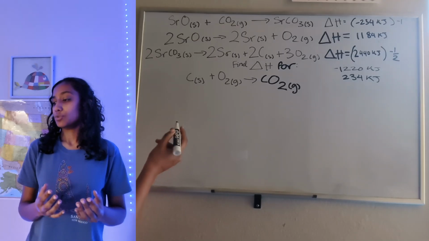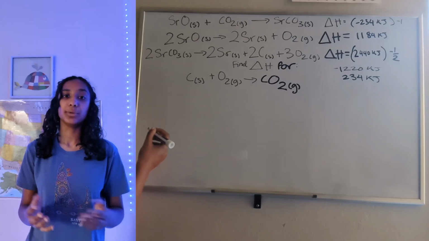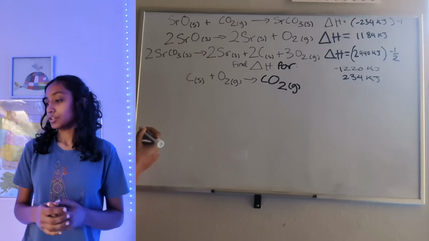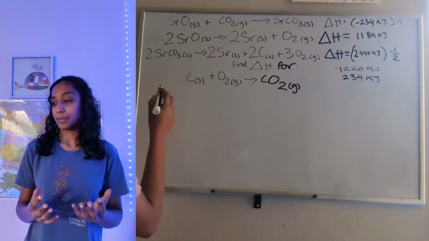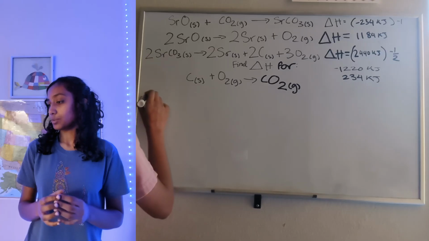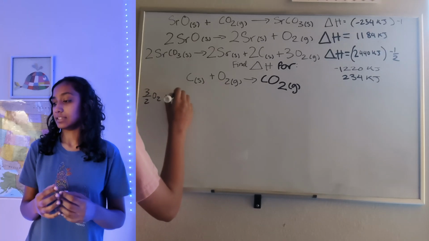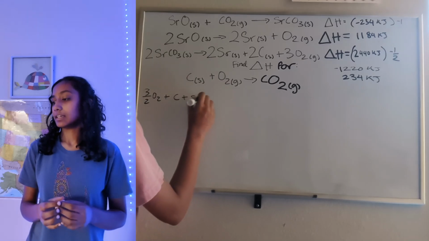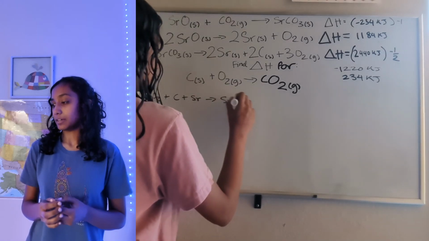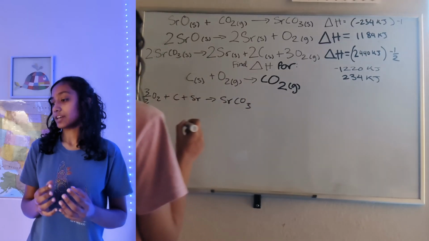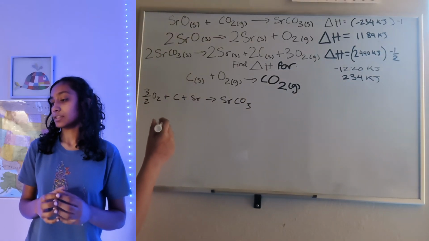Now, let's add the 2 modified equations we've made and see where we need to go from there. For this third reaction, we reversed it and multiplied it by 1/2, so its new equation will look something like this. 3/2 O2 plus 1C plus 1 Sr gives us 1 SrCO3. And for this first reaction, we reversed it, so it'll look something like this.